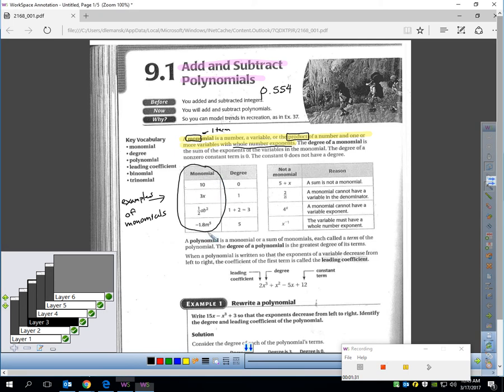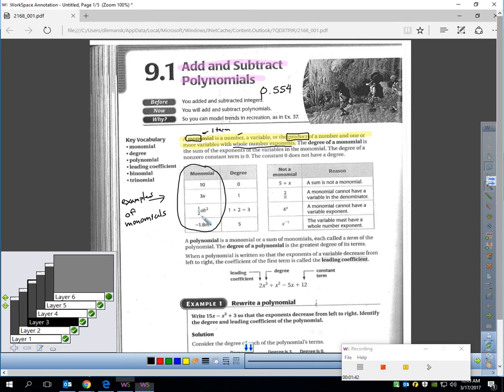Here are some examples of monomials. Let's make sure we understand why each of these meet the definition. Well, 10 is definitely a monomial. It's just a number, which meets the criteria here. Okay. 3x is a monomial. It's a number and a variable multiplied. That's a monomial. 1/2 a times b to the second power is a monomial.